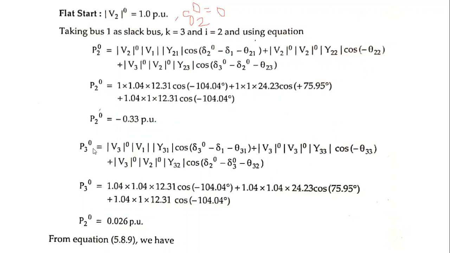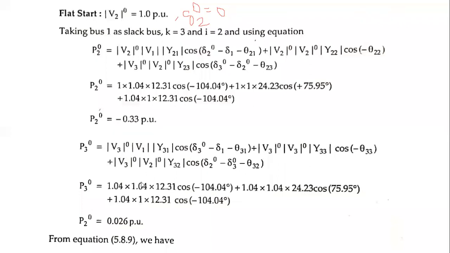Next, we determine P3 power 0. P3 power 0 equals V3 power 0, V1, Y31, cos of delta 3 power 0 minus delta 1 minus theta 31, plus V3 power 0, V3 power 0, Y33, cos of minus theta 33, plus V3 power 0, V2 power 0, Y32, cos of delta 2 power 0 minus delta 3 power 0 minus theta 32.